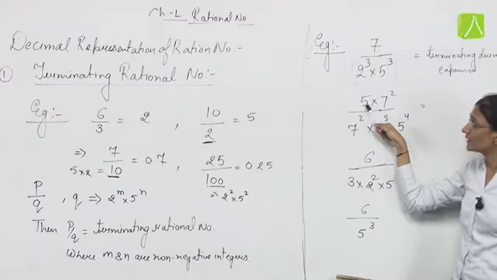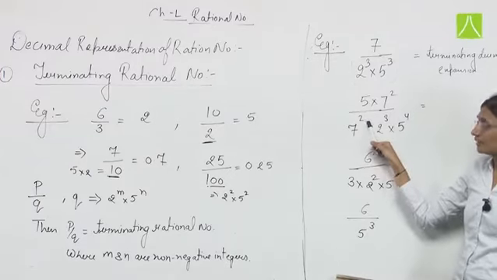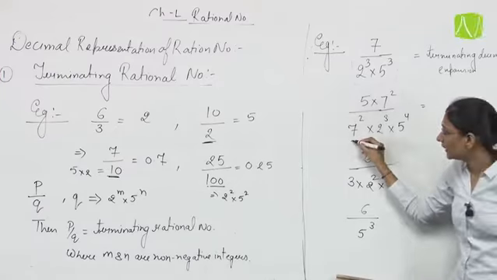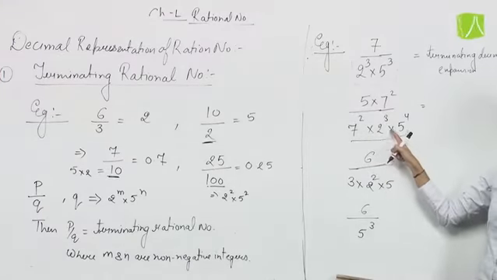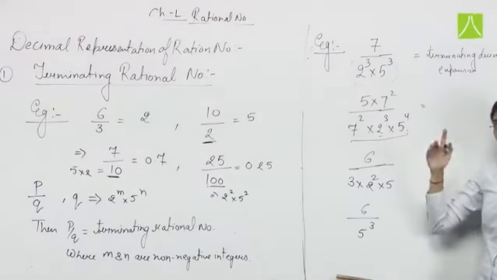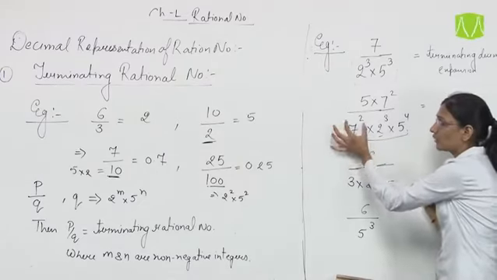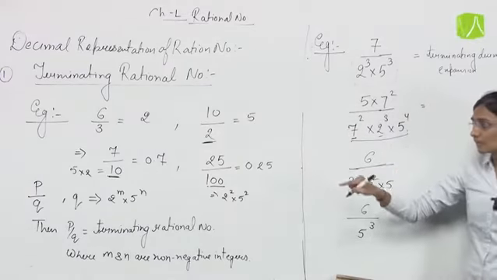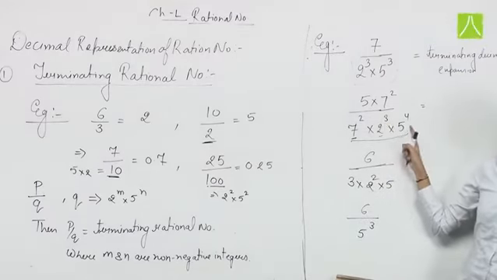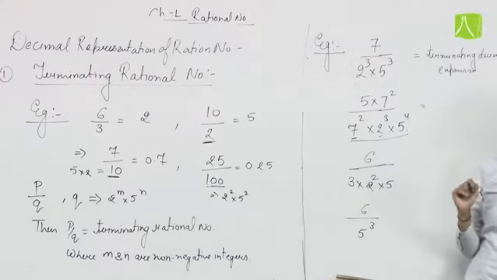In this question, the numerator is 5 multiplied by 7 square, the denominator is 7 square, 2 cube, 5 raised to the power 4. If we observe only the denominator, there is 2 raised to the power 3, 5 raised to the power 4, some powers of 2 and some powers of 5, but there is 7 raised to the power 2 extra. What did we study? The denominator should be in the form of 2 raised to the power m and 5 raised to the power n. 7 raised to the power 2 is extra.